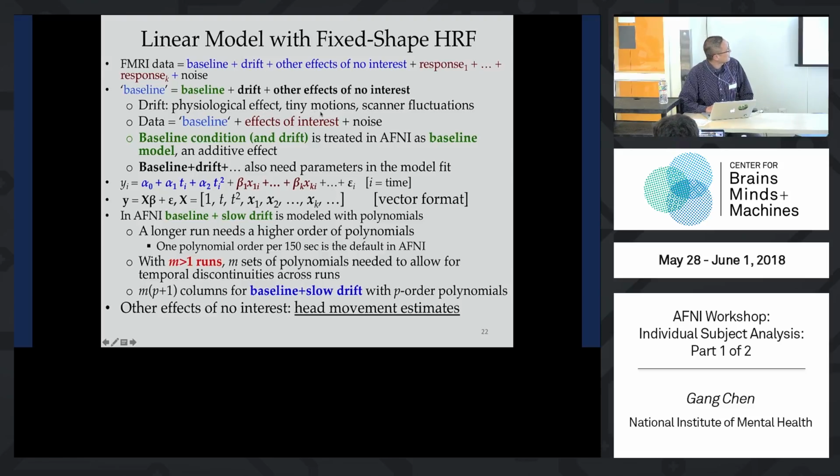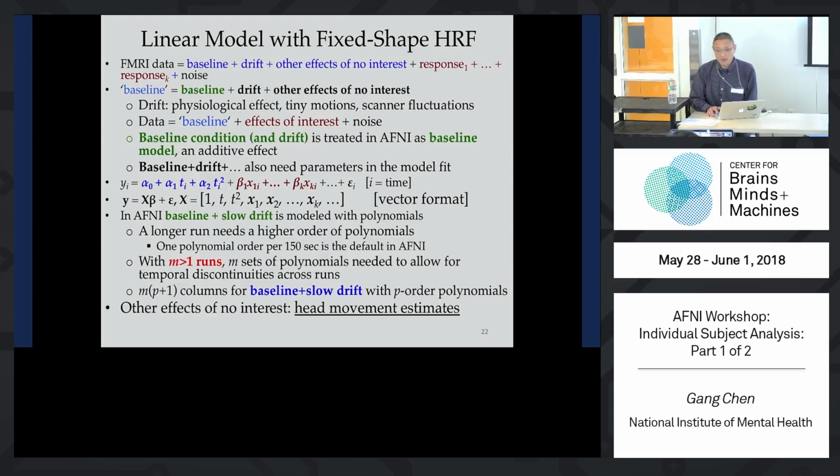Then sometimes there is slow moving. It's not the jerky movements, but the slow drifting head motion. Plus the scanner itself may have thermal drift effects. So that's the slow drift. In FMRI, we do it slightly differently from other software packages: we model the slow drifts with polynomials.